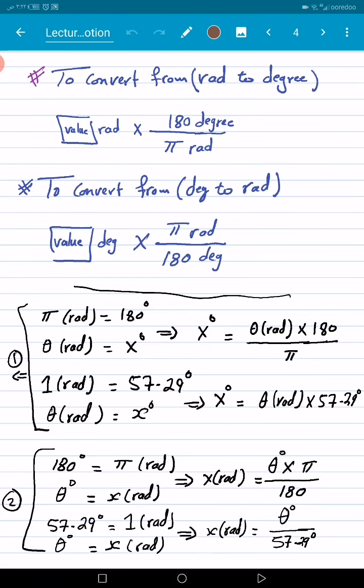Okay, so now the important things, and I bring for you many converters to convert from one unit to the other unit.